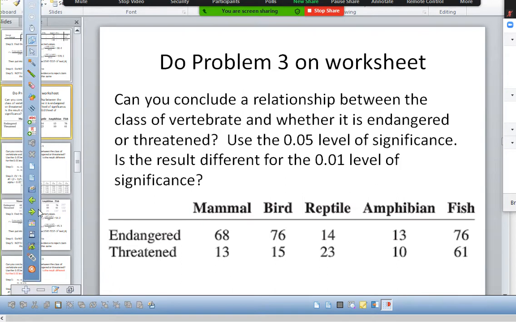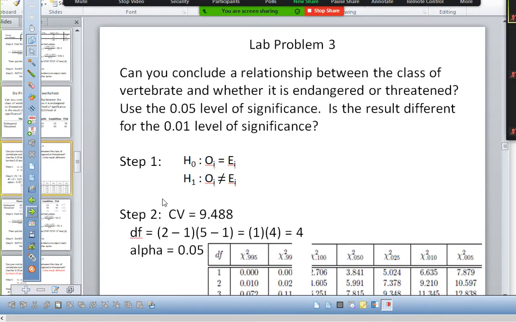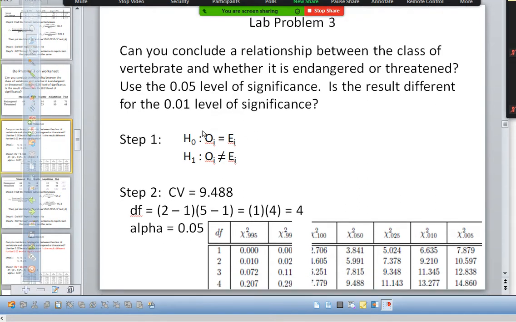So problem 3, let's go ahead and go over problem 3. The first thing is, can you conclude a relationship between the class of vertebrae and whether it's endangered or threatened? So step 1, you could just write down this generically, or if you want to be fancy about it, that's totally fine.